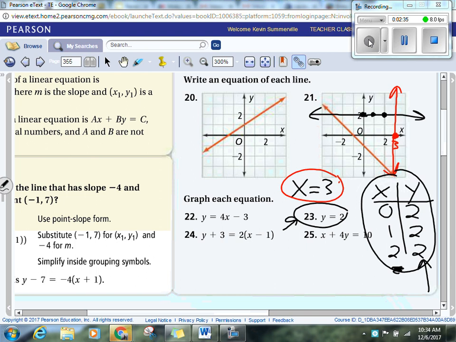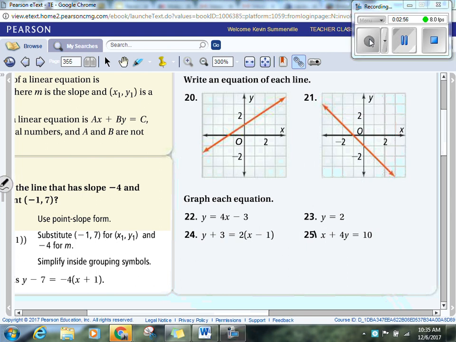If you have an equation that looks like x equals 3, again looking at the red line, there's x, I put a 3 right here, and I draw my line up and down, and there is your x equals 3 graph.